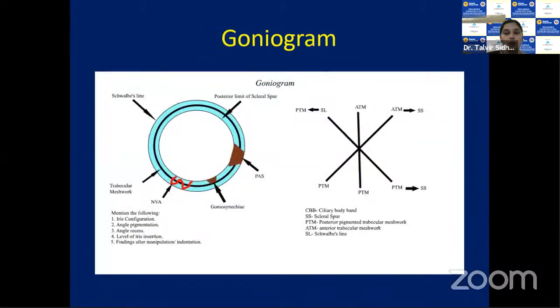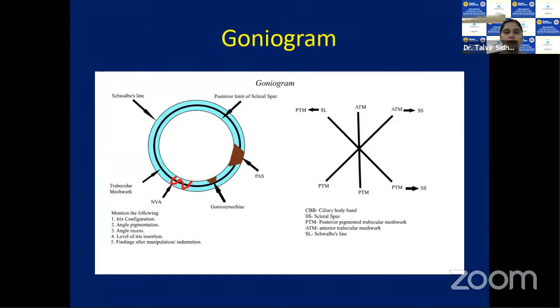So it's important to note all your findings and come to a conclusion according to which disease is actually present and what is the management of that particular disease. Gonioscopy must be done in all people whom you suspect of glaucoma, and in people who have shallow anterior chambers, to look for iridotrabecular contact.